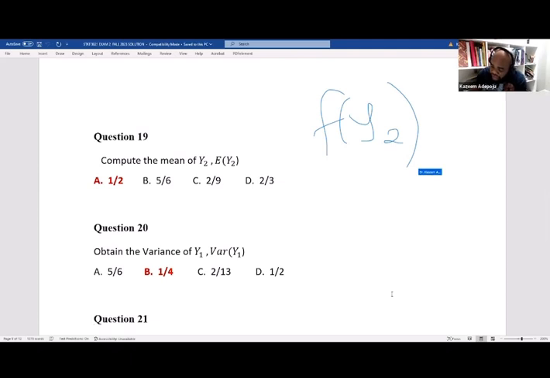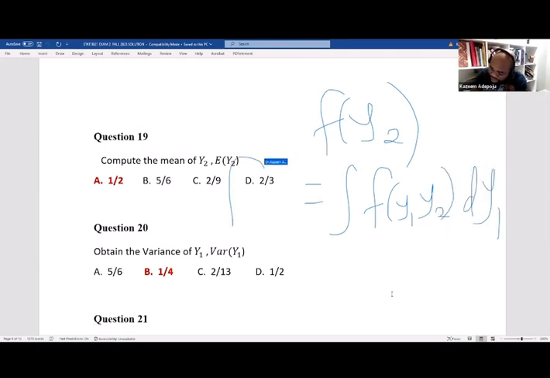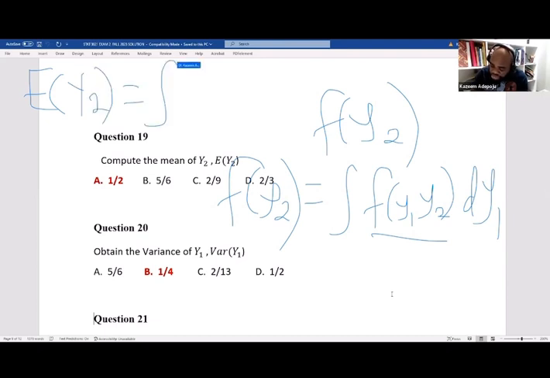Don't forget, your f of y2 is the integral of f of y1, y2 dy1, and you're going to use the range of y1 here. After figuring out f of y2, you are now set to obtain the expected value of y2, which is the integral of y2 f of y2 dy2.